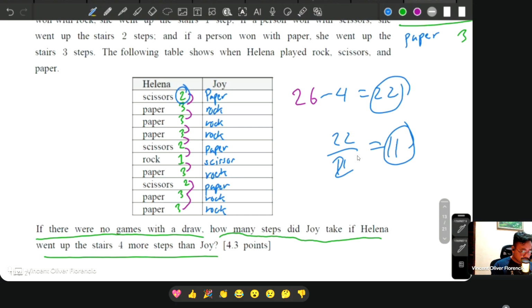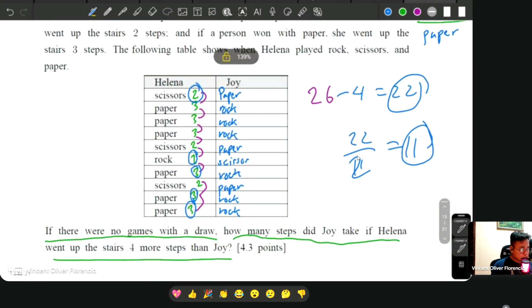Also, I gave her this one. This one here also. This one and this one.